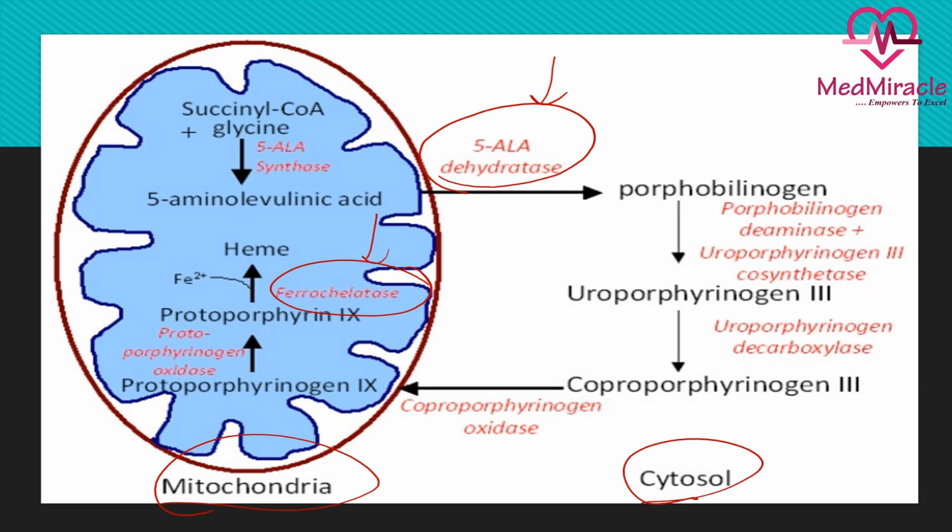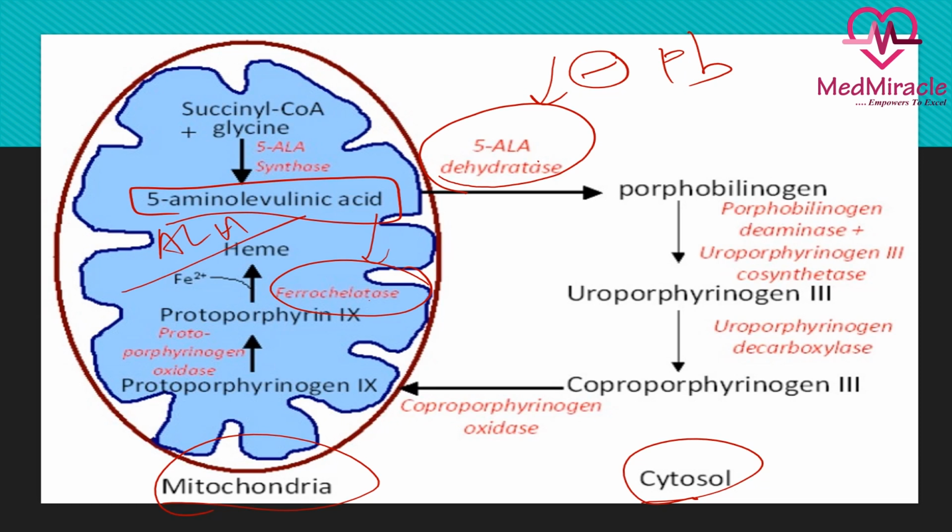So you have to know these two enzymes. The rest, whatever it is, forget it. These two enzymes you have to know. And since this enzyme is inhibited by lead, ALA accumulates, and its level is measured in blood in case of lead poisoning. This you will be studying in general medicine.